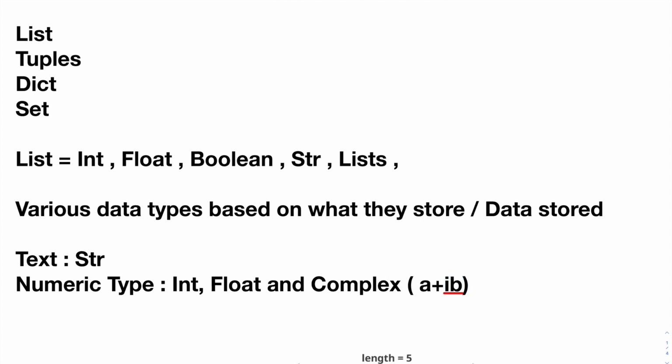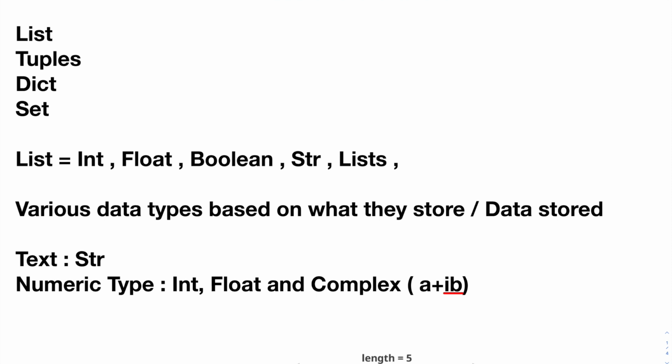If you do not know about complex numbers, nothing to worry. Most of the time we are going to use only int and float, right? It is sufficient to understand that complex numbers are used in mathematics to deal with coordinate geometry. At this moment, that understanding should be sufficient.